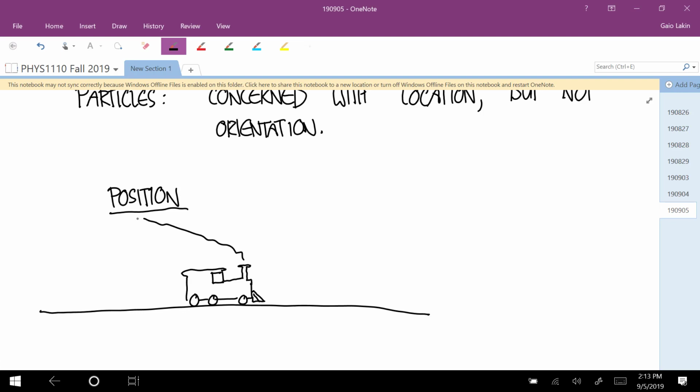That question doesn't mean anything yet because we don't have anything to reference it to. Even if we say we know what a meter is or a foot is, how many feet is the position of that train? You know what I mean? It doesn't make any sense until we have some kind of reference.